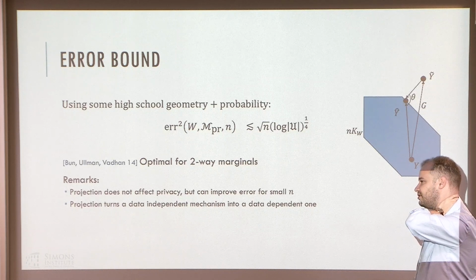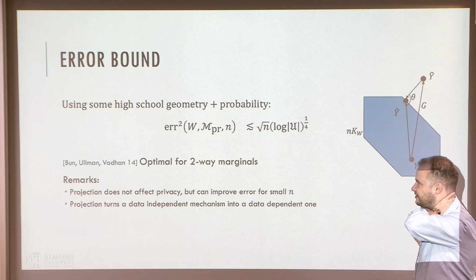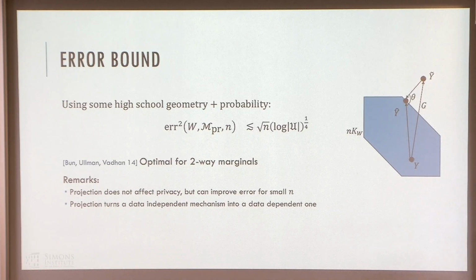This technique is better. Like in general, the data-independent things do quite well when n is at least number of queries over epsilon. Let me just say that. I guess they could still be competitive even for smaller n, but in general they're not. I mean the data-independent things.